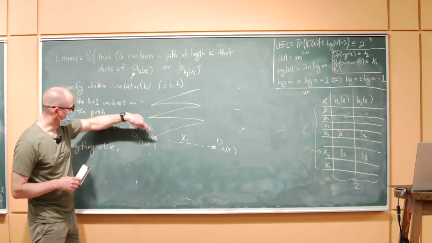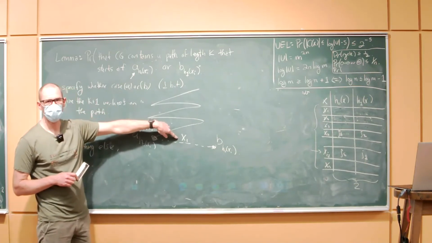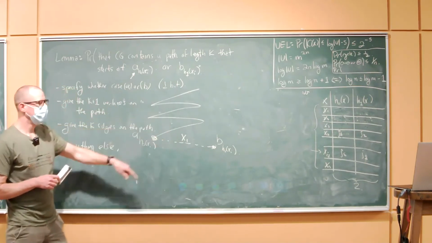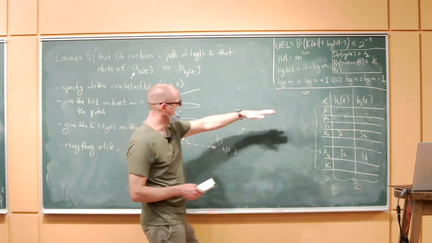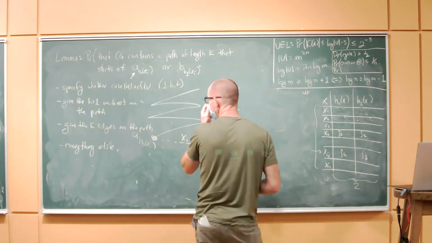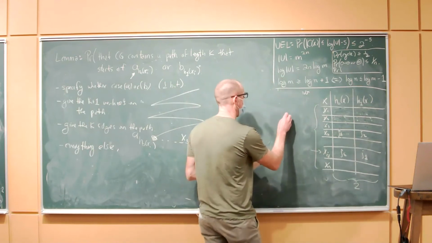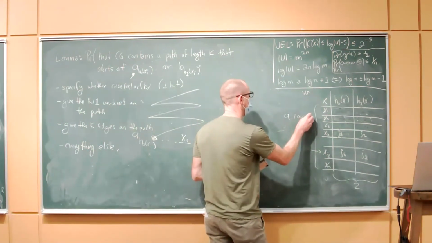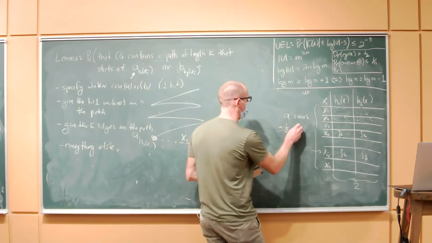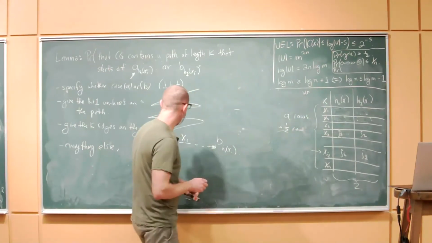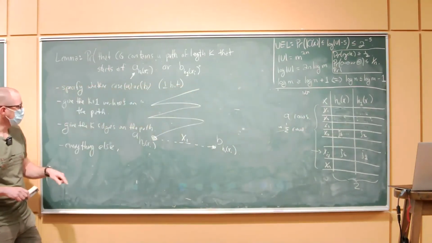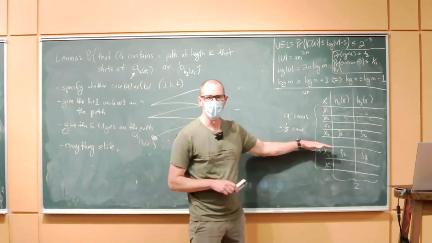I know the one hash value for xi. So in terms of this table here, this gives me a rows plus a half row. I know one of the entries in the row xi.